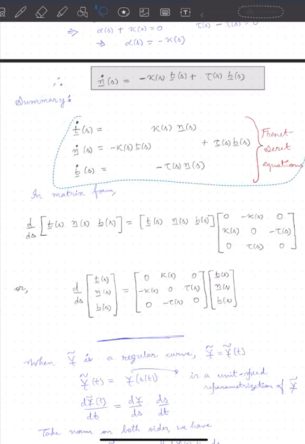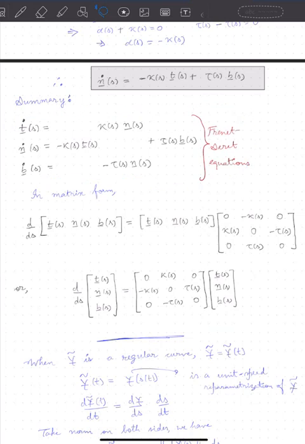And they form the T, N, B of s, right? So T of s and so on. This is the Frenet frame.